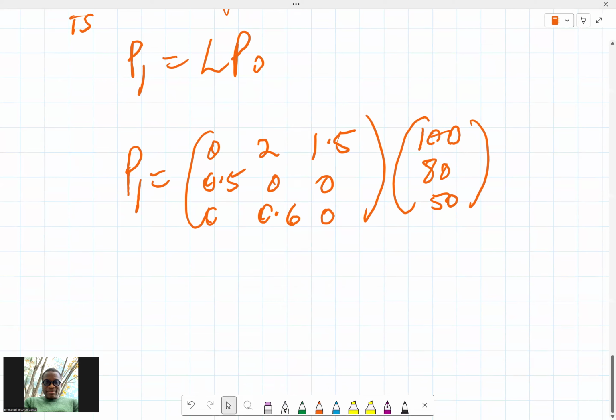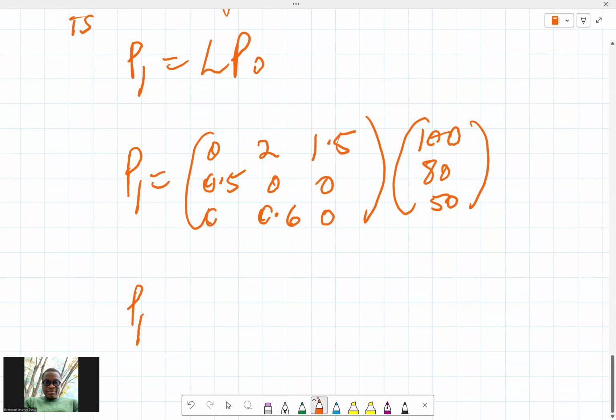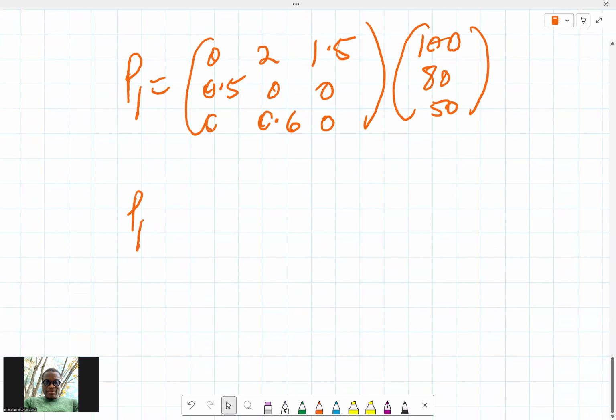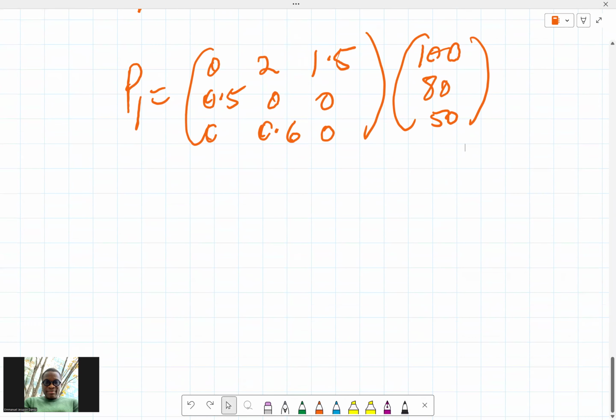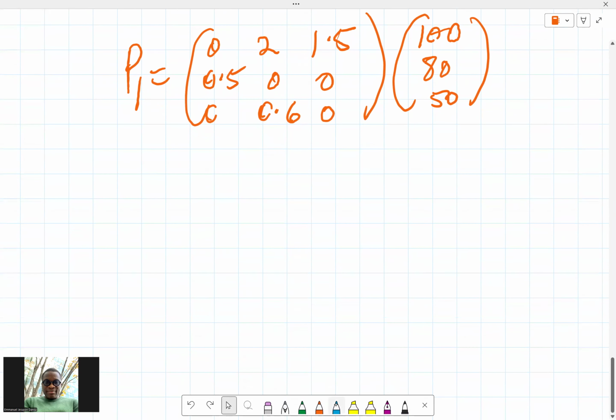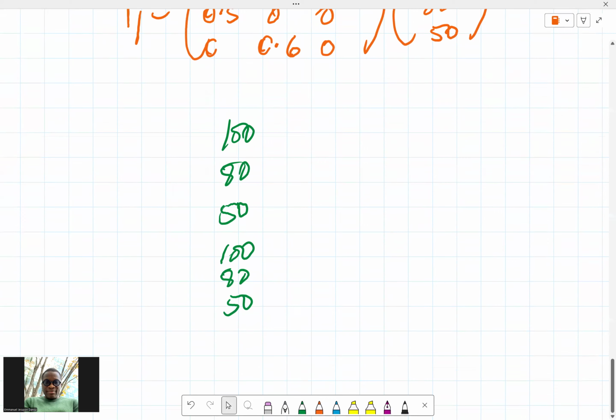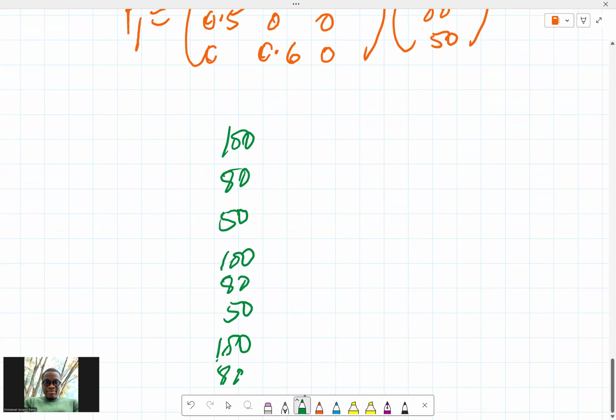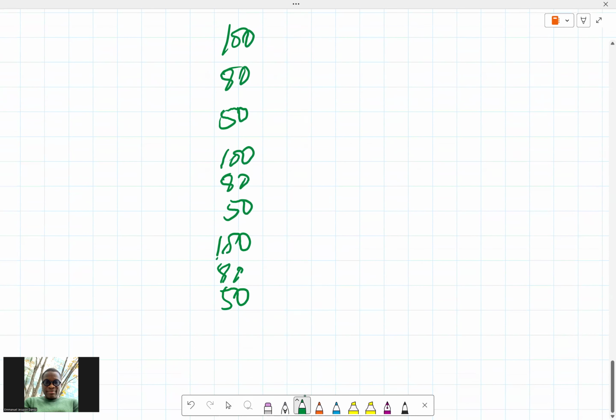Because we have three rows, we write the vector three times: 100, 80, 50 in each row. We've done this a lot.